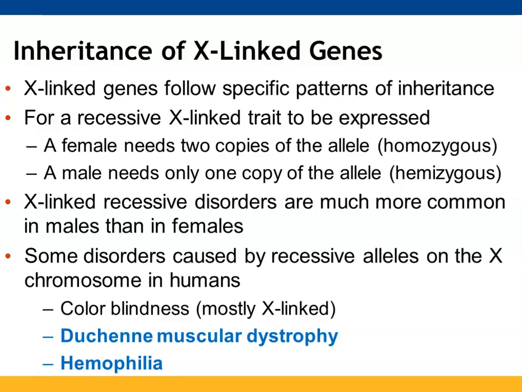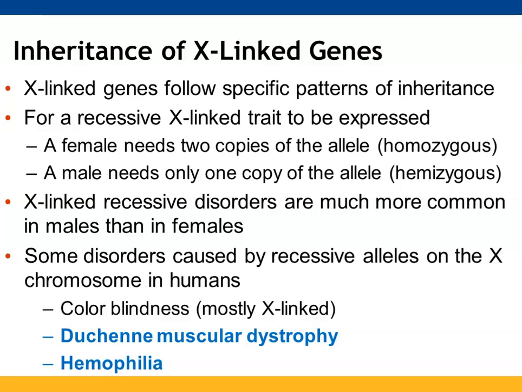When X-linked genes are inherited, they follow certain patterns. Females have to have 2 copies of a recessive allele to show that trait. They have to be homozygous for it. But because males only have 1 X chromosome, they only have to get 1 copy of that recessive allele to show its phenotypic expression. So they are hemizygous for that.